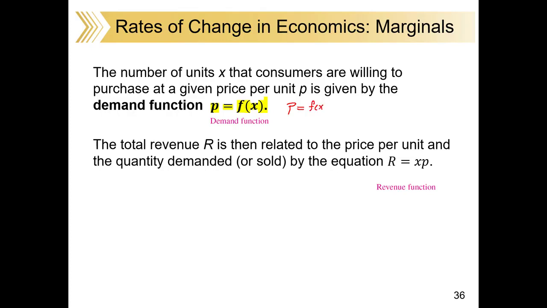It's equal to some function of x. So on this side we'll have P for price. On this side we're going to have something that has to do with x. Where's the demand? Well, this x actually represents the demand. Even though it's called the demand function, the x's are on the other side. It might seem a little confusing, but you get used to it after a while.